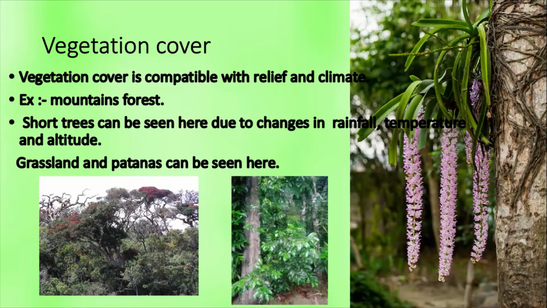Many types of orchids, mosses, and ferns are common here. The trees grow to a height of about 10-15 meters, shorter than the lowland forest trees. These forests are the catchment area for most of Sri Lanka's major rivers.